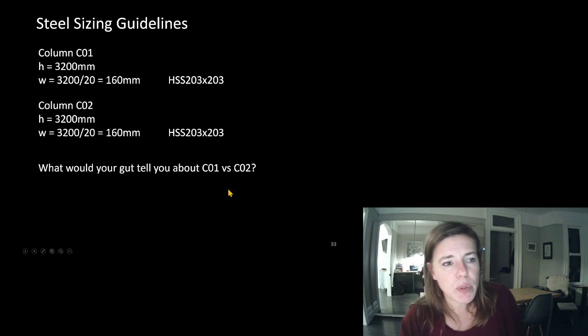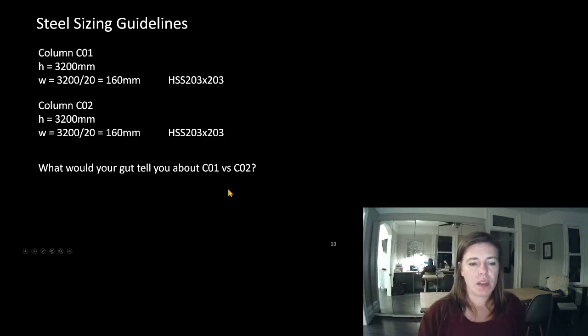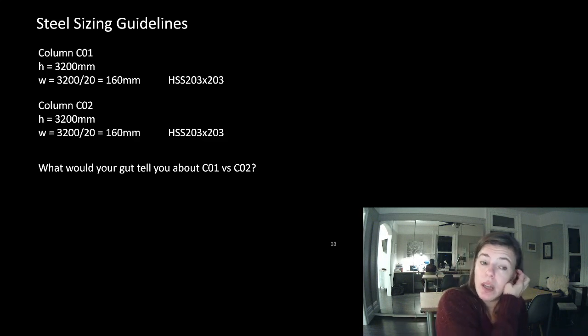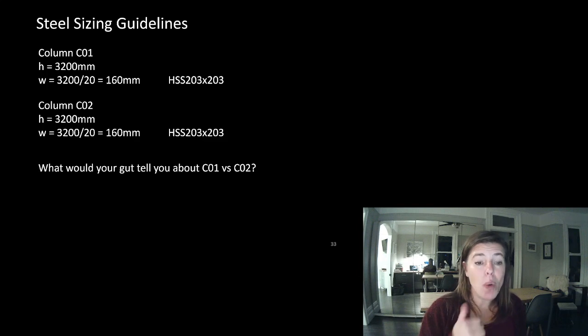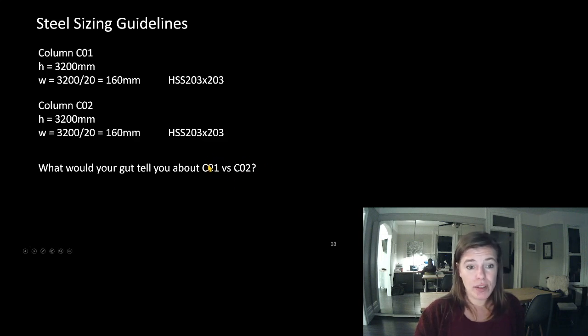What was the difference between CO1 and CO2? Well, CO1 was only picking up half of 2B02. CO2 was picking up 2 halves of 2B02. CO2 is picking up twice the load as CO1. This is where the column sizing guidelines are kind of a load of crap because these two things are not doing the same job.